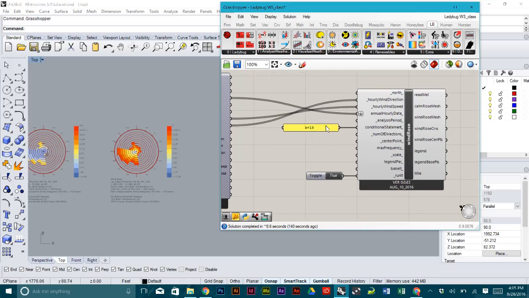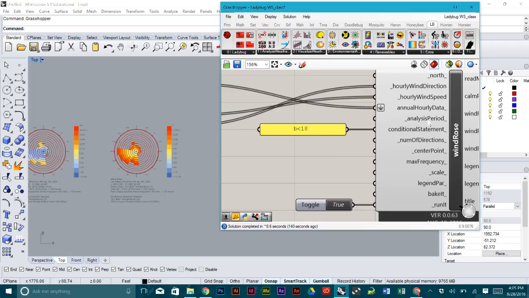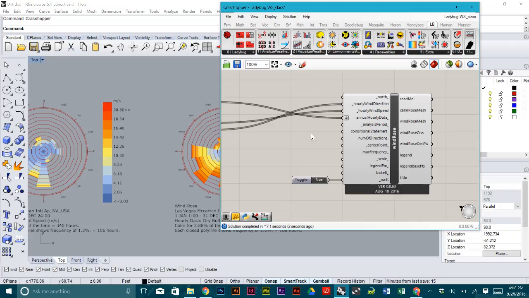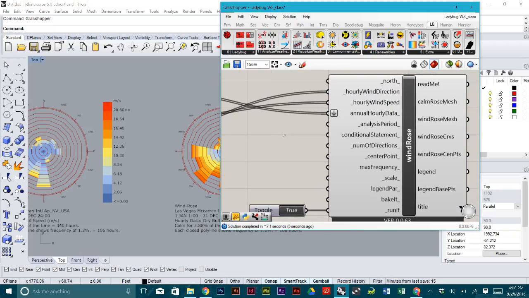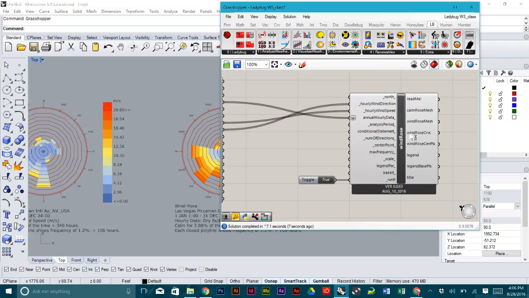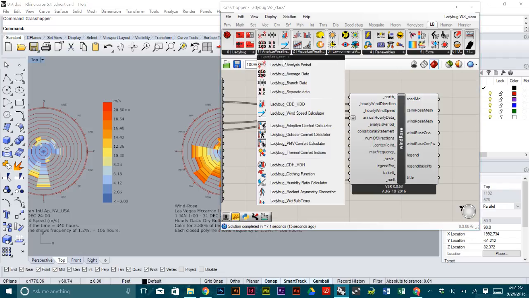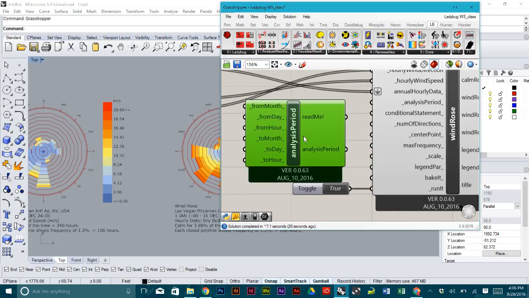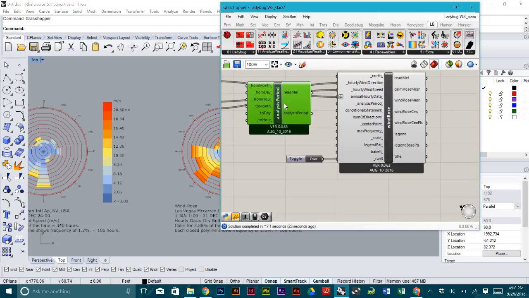So instead of basing it by the temperature, we could also do it by that analysis period. So this would be a good way to put in actual dates to determine that tree foliage. So you could go to Analyze Visualization or Weather, choose the Ladybug analysis period, and set the dates for whenever that tree foliage occurs.